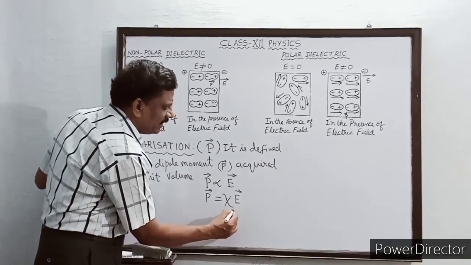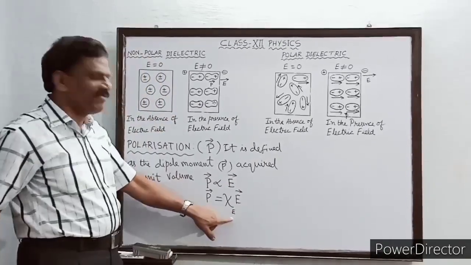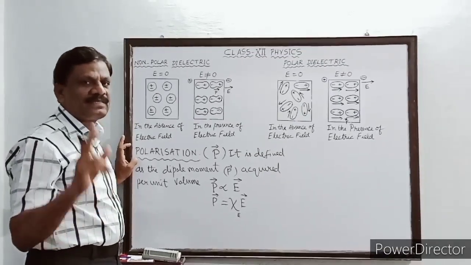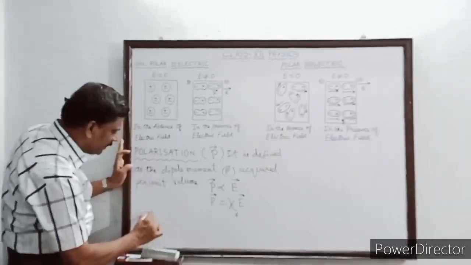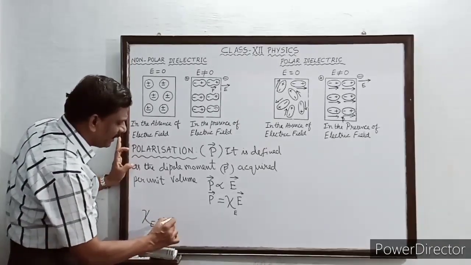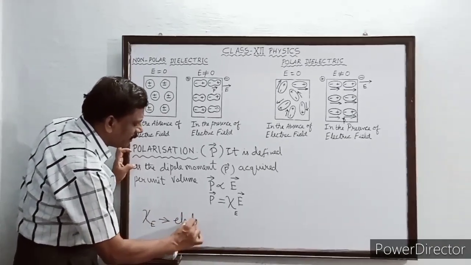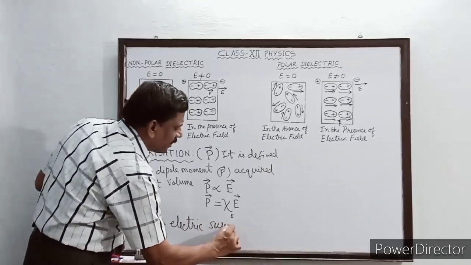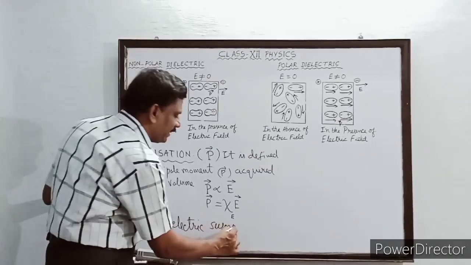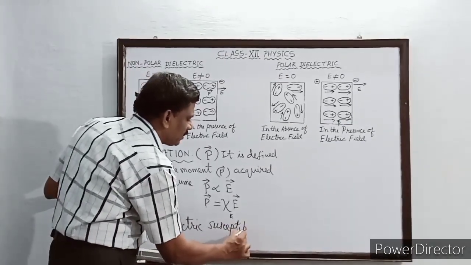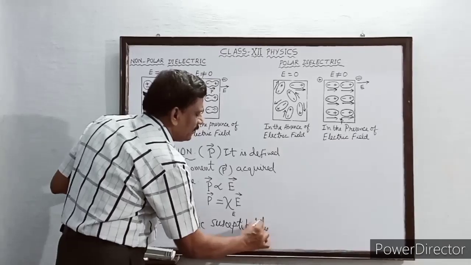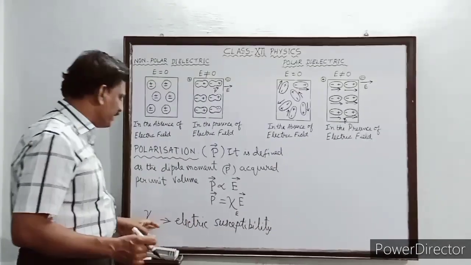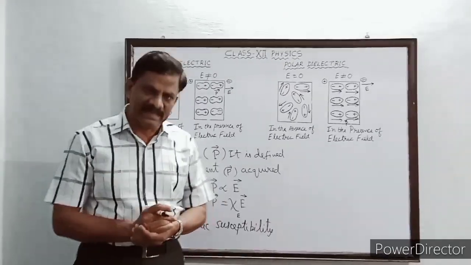Since it is in the electric field, it has a suffix E, chi E, where chi E is a constant called the electric susceptibility. This can also be called dielectric susceptibility sometimes. It is a constant for the given material, so the value of chi E depends upon the nature of the dielectric.